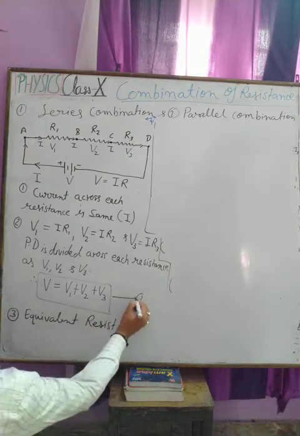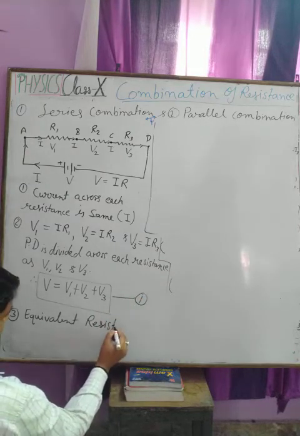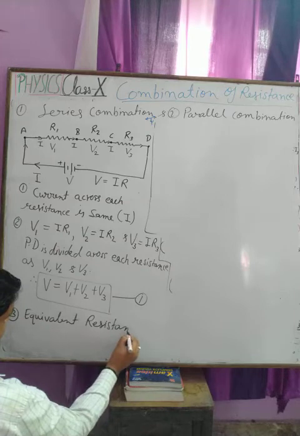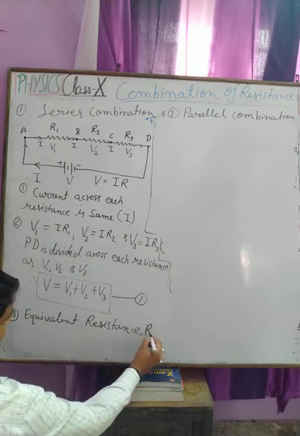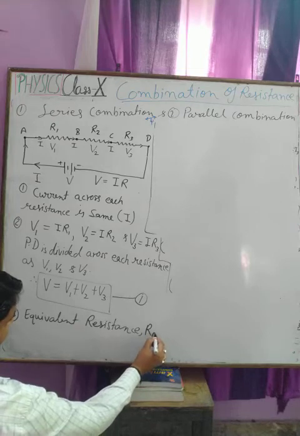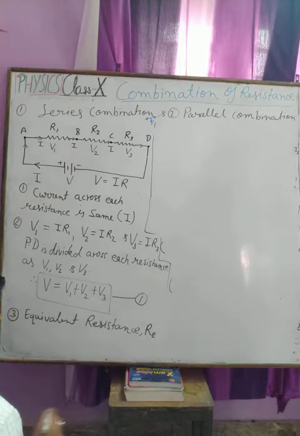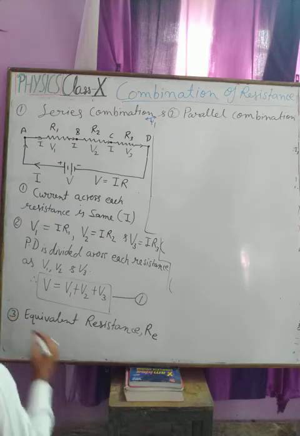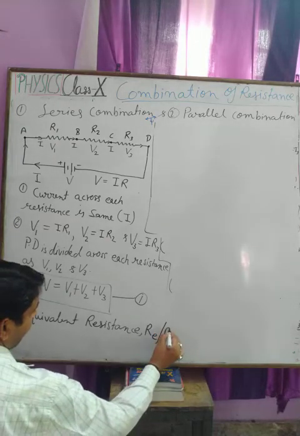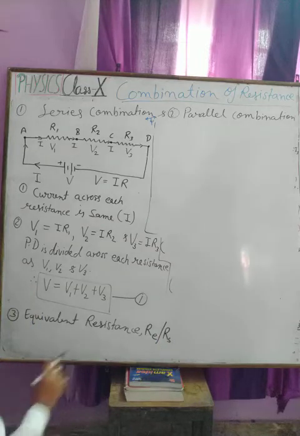इसे आप इक्वेशन 1 मान लेंगे, रेजिस्टेंस। ओके, it is denoted by Re and also called equivalent resistance Rs.